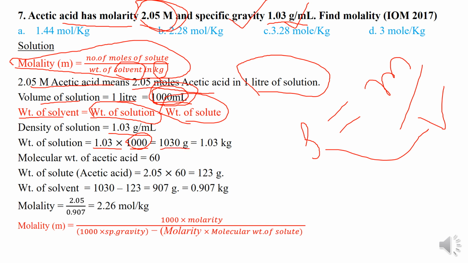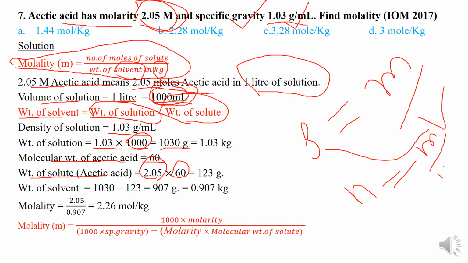So we have to subtract weight of the solute from the weight of the solution. Then weight of the solute is calculated by using molecular weight of acetic acid, that is 60 gram. Then weight of solute is equal to number of moles times the molecular weight. The number of moles is calculated by using formula mass in gram divided by molecular weight, right?